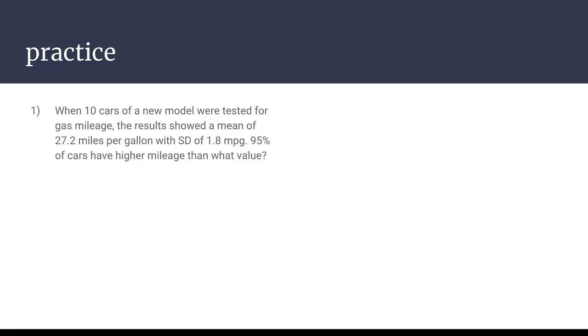So, we'll get negative 1.8331 equals x minus 27.2 over 1.8 over root n, where n is 10.